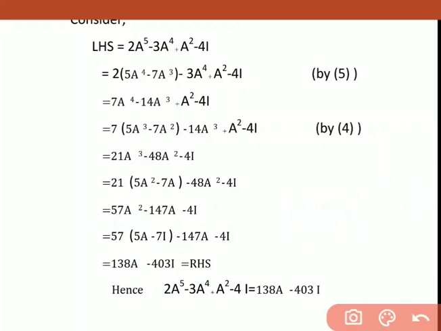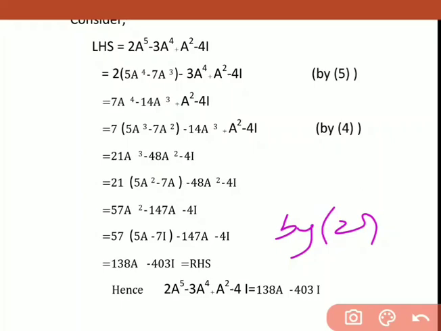Again from equation number 2, let us substitute the value of a^2, which is 5a − 7i by equation number 2, and −147a − 4i as it is.